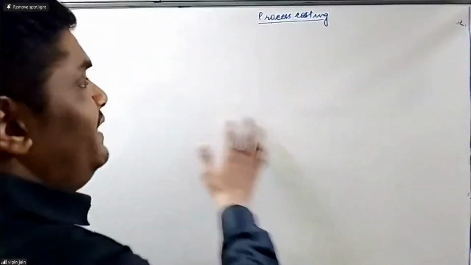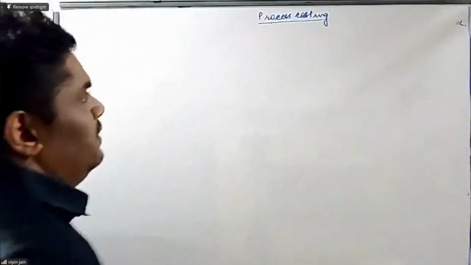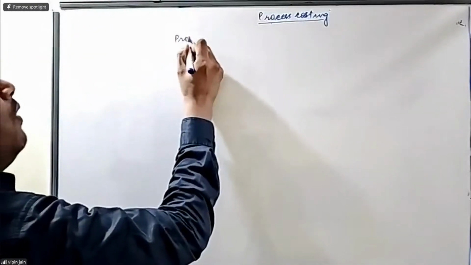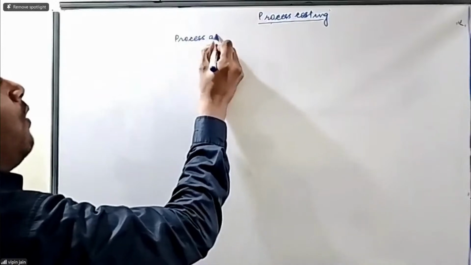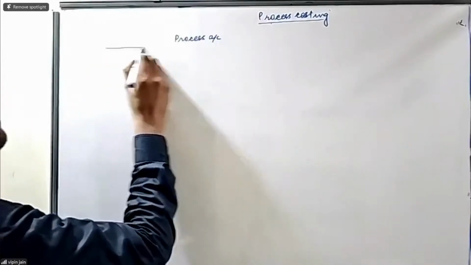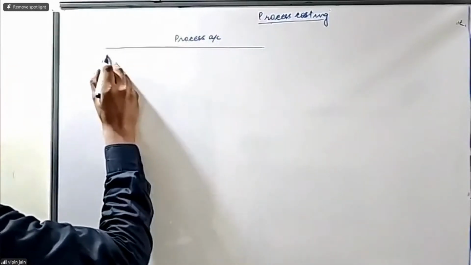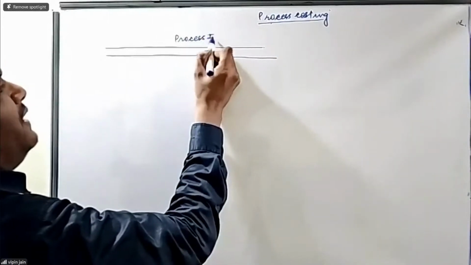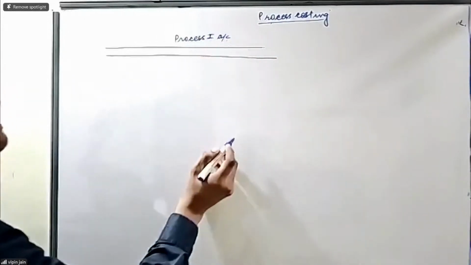Now the point is how to prepare a process account. It's very simple. Let's say we are preparing process first account.